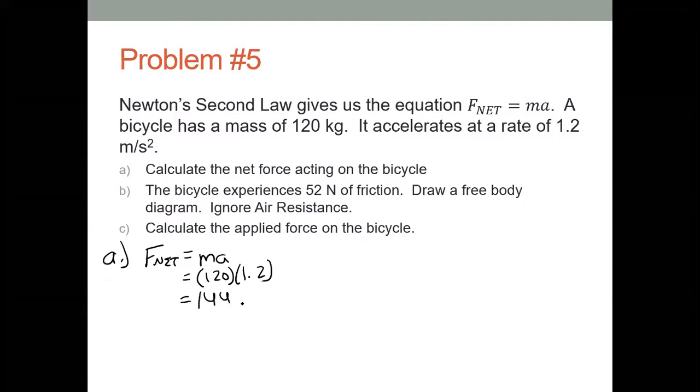Which I think is 144 newtons. All right, see if you can draw the free body diagram. It says ignore air resistance. So see if you can draw the free body diagram.